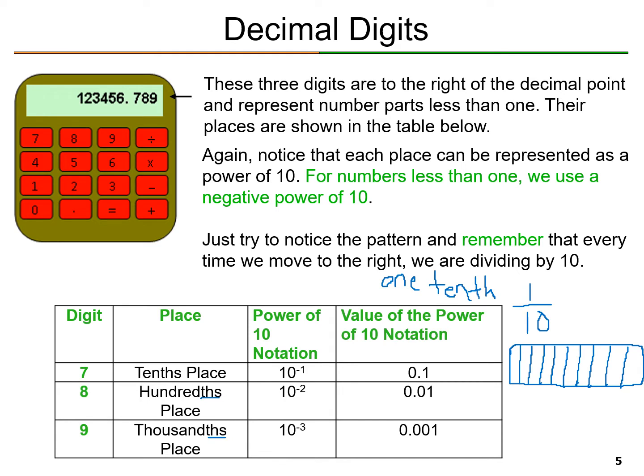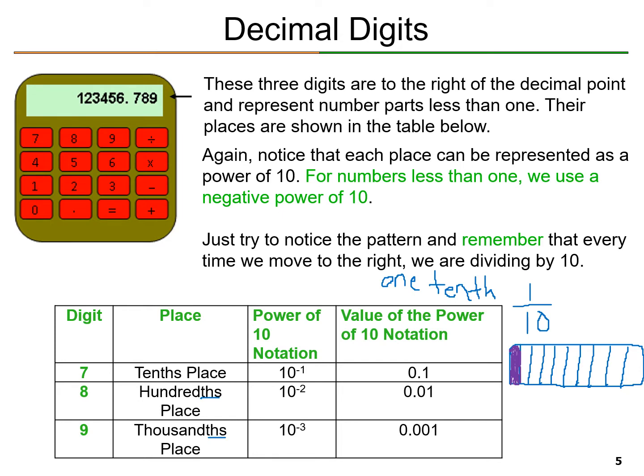Now if I was to go in here and select just one of the 10 parts, let me finish coloring it in. This is the same as 1/10. Obviously, 1/10 is less than 1 because this is the whole rectangle, but 1/10 is just a piece of the rectangle. So obviously, 1/10 is less than 1.